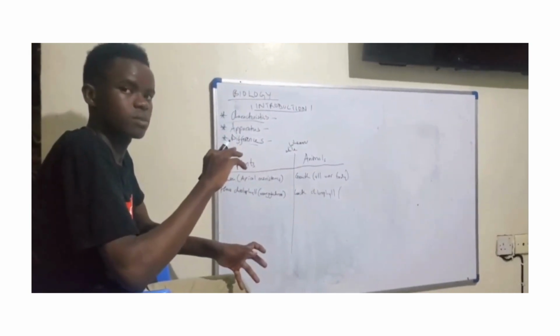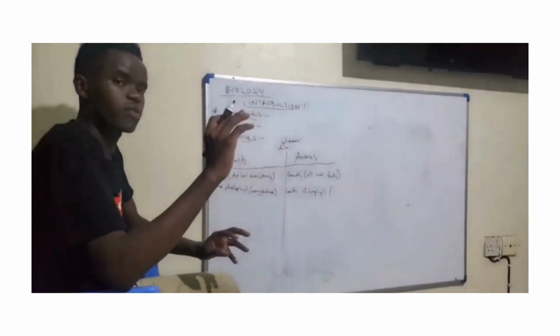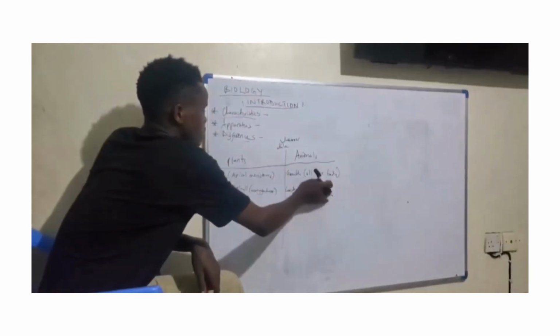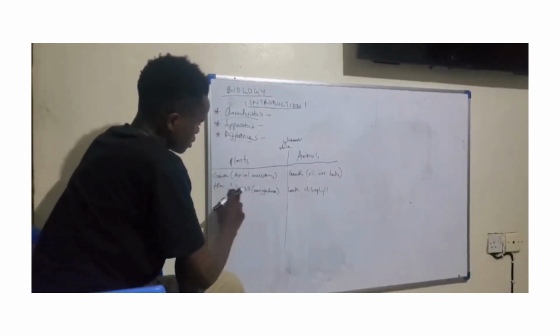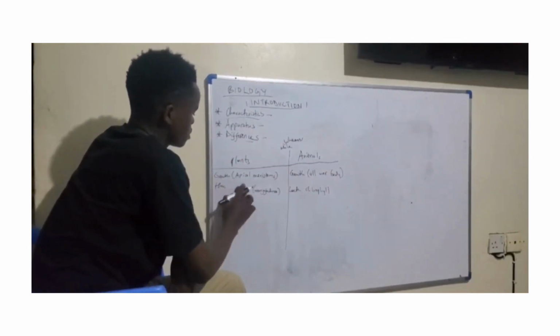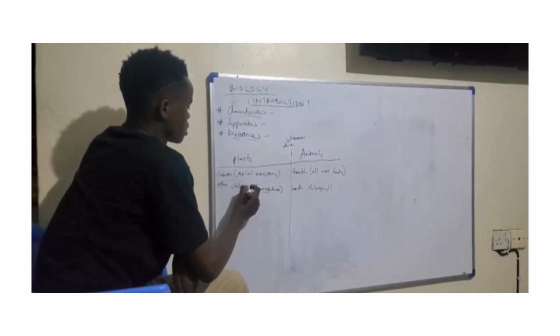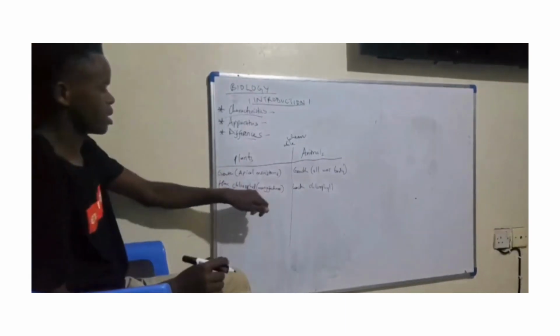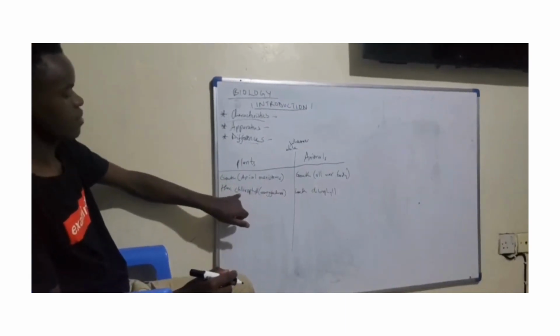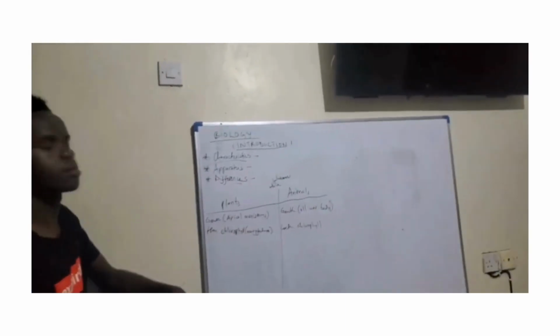You see, we're just saying they lack chlorophyll, hence depend on already manufactured food. Now check the spelling of chlorophyll. Hope it's clear. Chlorophyll: we have an L, R, double L.